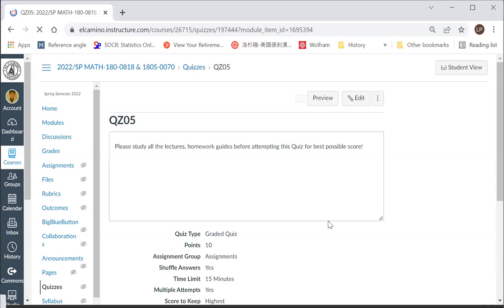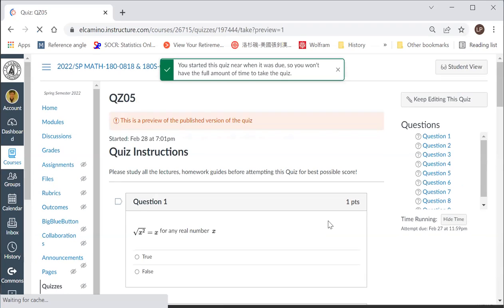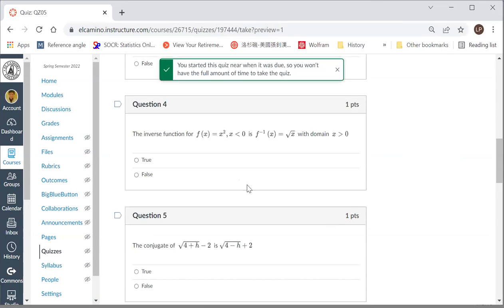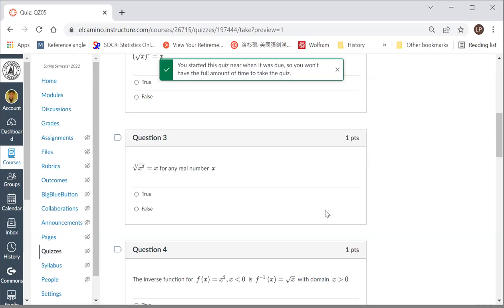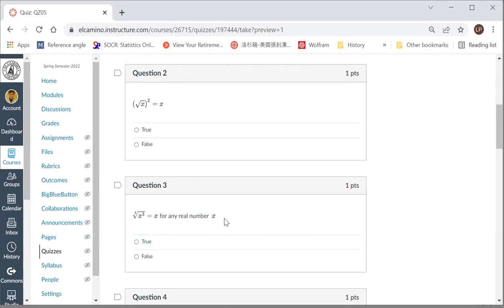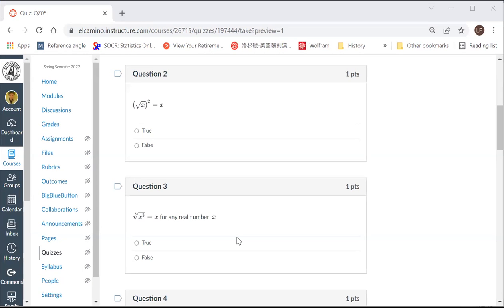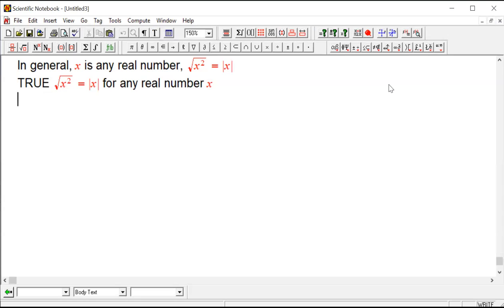Number 3 says the cubic root of x raised to the power 3, this equals x.